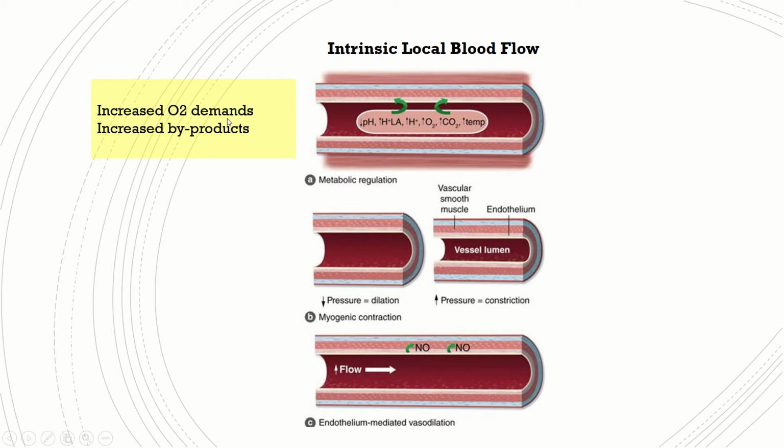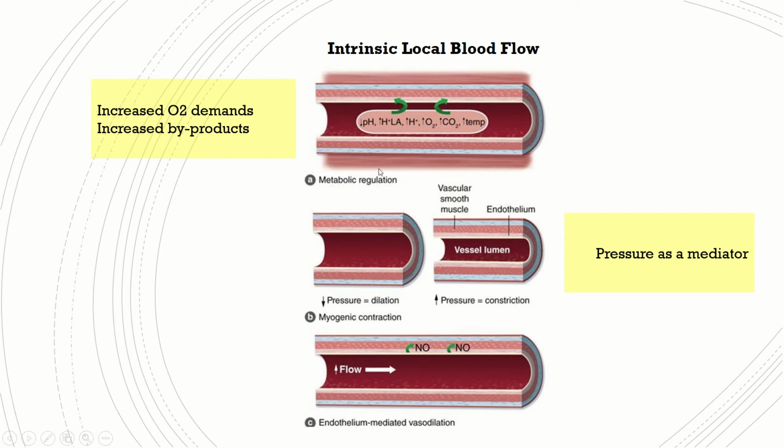Typically, when there is an increased demand for oxygen and an increased metabolite production, such as lactic acid and CO2, which lead to a drop in pH and an increase in temperature, all these metabolites, as a result of anaerobic or aerobic energy production, are going to lead to vasodilation because there is increased need for nutrients to reach this area. So vasodilation is powerfully controlled by metabolite production.